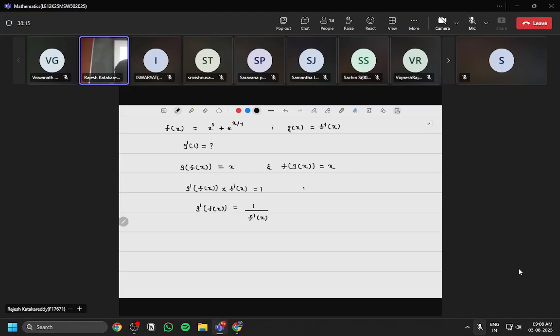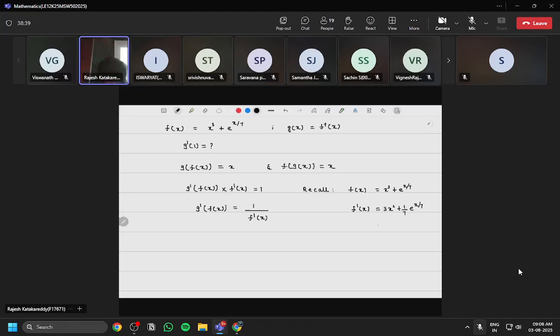So let us recall the function f of x and differentiate it. f of x is x cube plus e to the power x by 7. If we differentiate this, f dash of x equals 3x square plus 1 by 7 into e to the power x by 7. Am I correct?